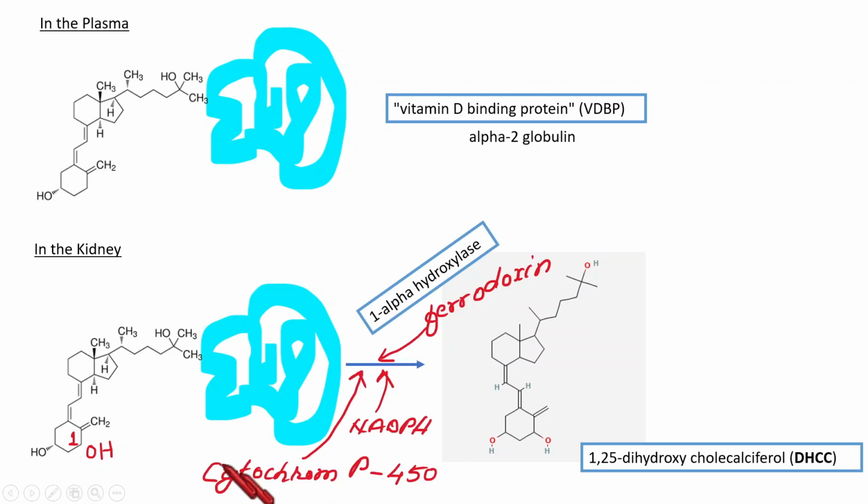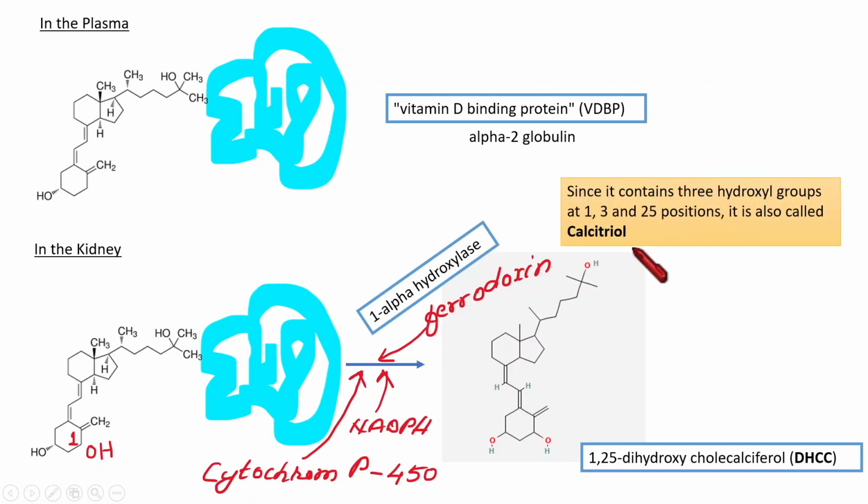Along with that, like in our former hydroxylation step, cytochrome P450, one molecule of NADPH, and ferredoxin are required. All these are proteins found in the membrane of microsomes. As a result, calcitriol is formed. Why is this compound called calcitriol?